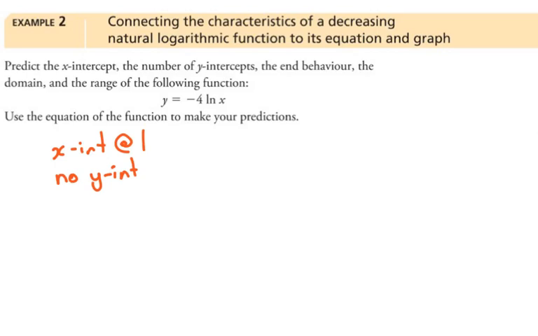I am going to skip the end behavior for now, just because the graph actually does change slightly, and I'll get to that when we get to that. The domain would still be x is greater than 0. The range would still be all real numbers.